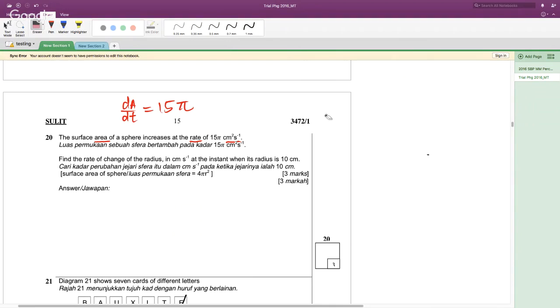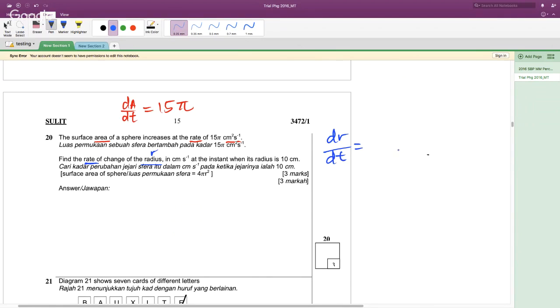Okay, then the second thing is, as I said just now, they ask you to find the word. Do you see the word rate? Whenever you see the word rate, you write the dt at the bottom. Rate of change of radius. That means they want the change of radius. Radius is dr. I just assume radius is r, okay? So if I want to do this one, I will use the chain rule.